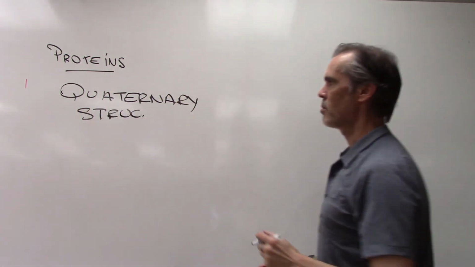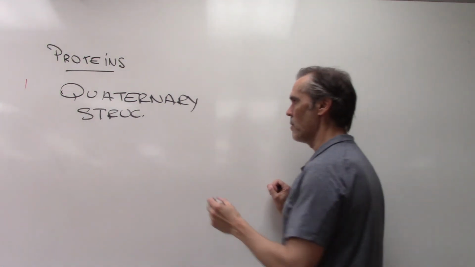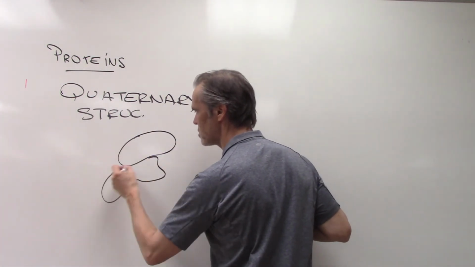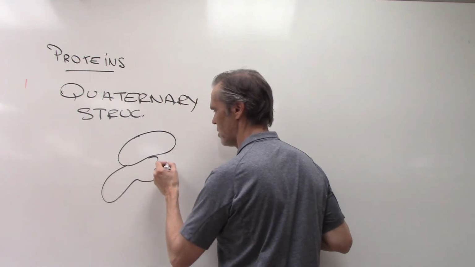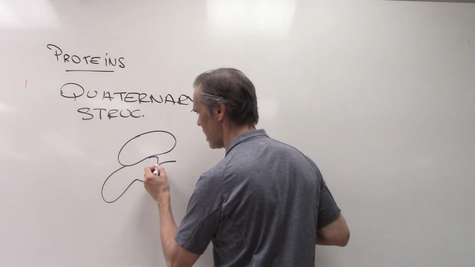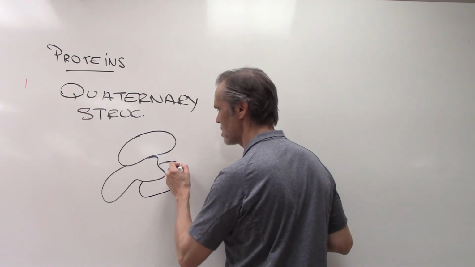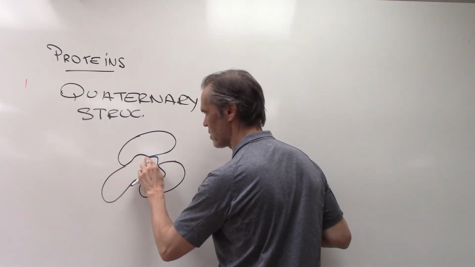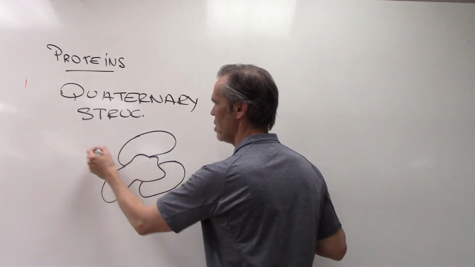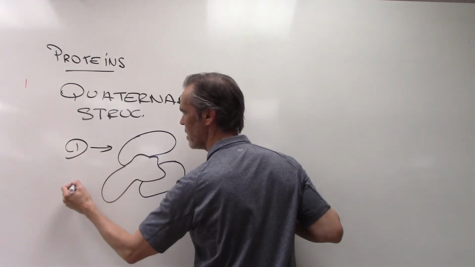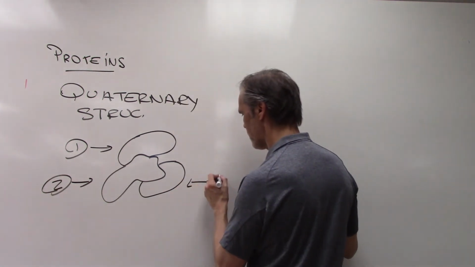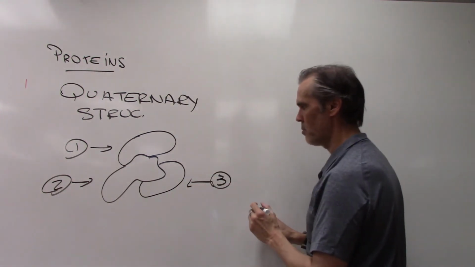So when I want to talk about quaternary structure, I will look at those subunits and the way they interact with one another, right? And they might interact in 3 dimensions as well. So here's what we have. We have our subunit number 1 right here, our subunit number 2 right there, and then our subunit number 3.